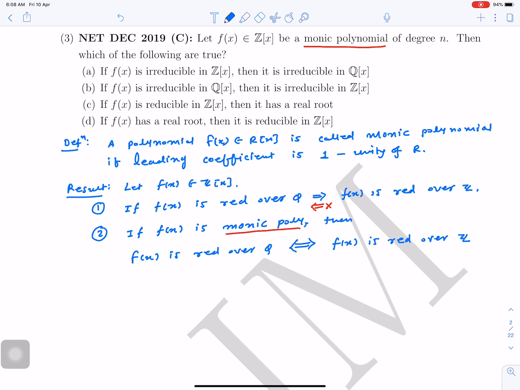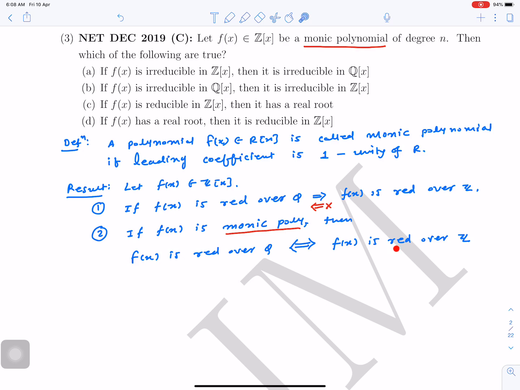So we have an if and only if result if f(x) is a monic polynomial. If I rewrite this result in another way, what is the contrapositive of this result?